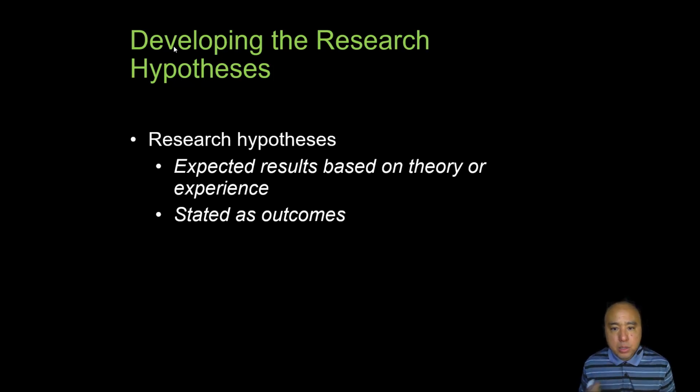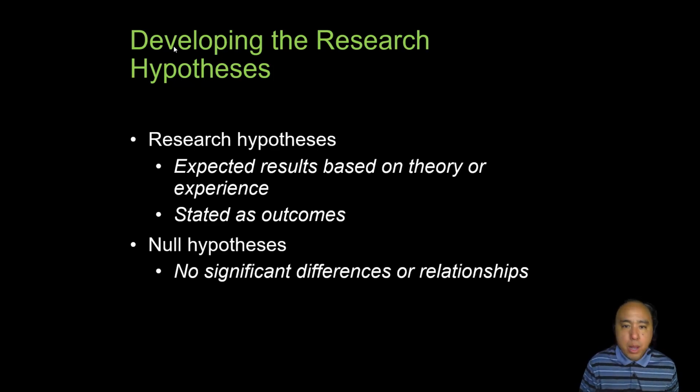So when you're developing your research hypothesis, a lot of it has to do with what you believe in prior to doing your study, and a lot of it has to do with the existing theory and current findings in the literature. And oftentimes the research hypothesis is the alternative hypothesis. You believe something's going to improve or something's going to change, or it can be the other way around. You can believe in the null hypothesis.